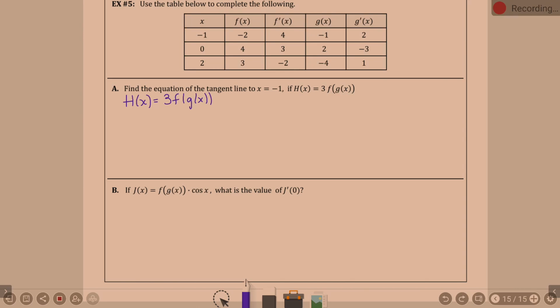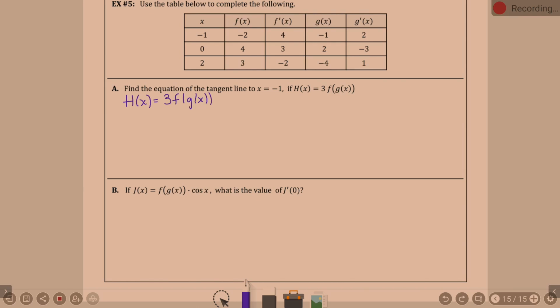Well, shall I go ahead and jump right in that we're going to have to find the derivative? Yes. Why do I need the derivative? What's the derivative going to find for me here? Equation of the tangent line? Oh, it'll find us the slope. The slope, yes. Your derivative is the slope of the tangent line. So that's why we need to find the derivative.